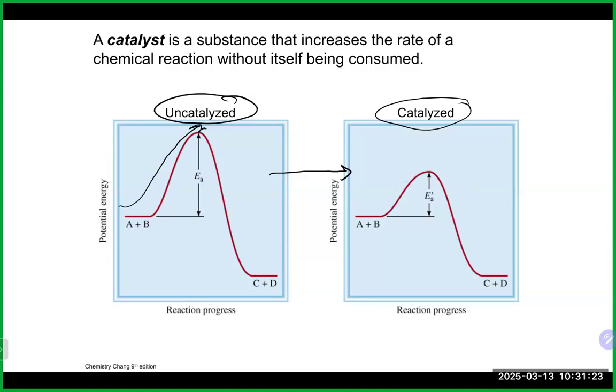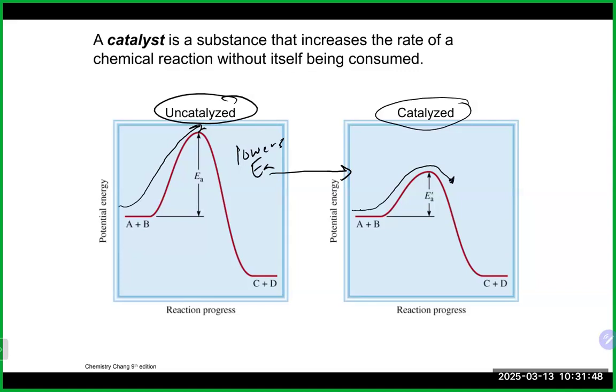What happens is it lowers the activation energy. And the result of that is we now have a much smaller hill that everybody has to climb to get to the other side. And that's going to allow more reactants to have enough energy to get up and over to the other side. The result of that is you typically will see the reaction rate increase.